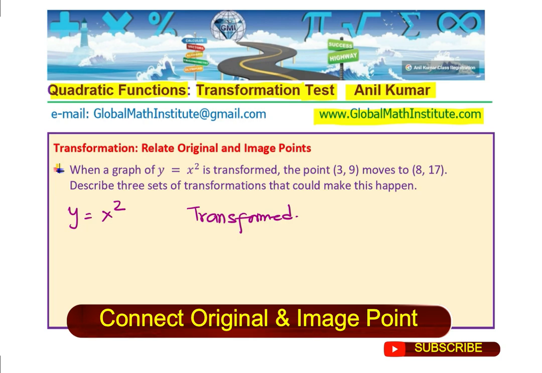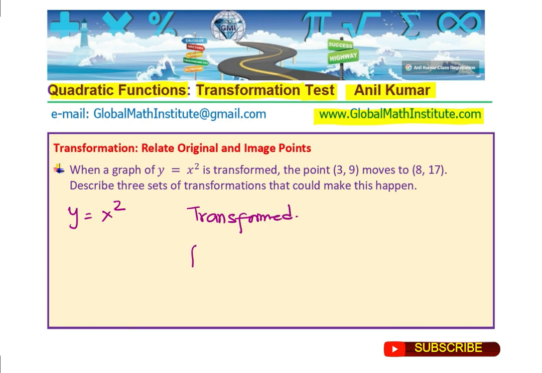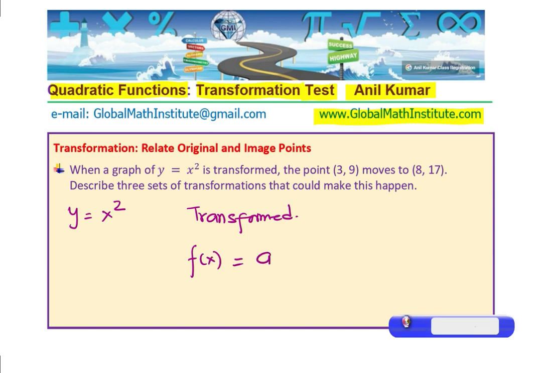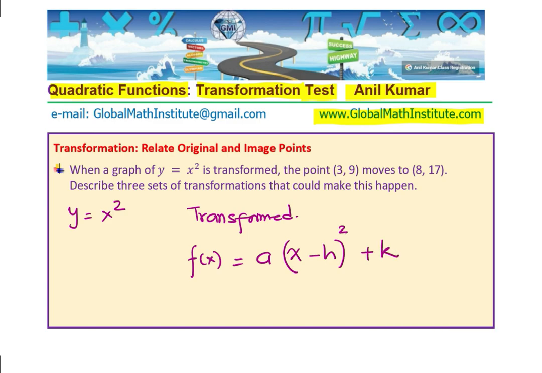The transformed function could be, let us say, f of x equals a times (x minus h) whole squared plus k. That is generally the transformed function when we talk about quadratic functions. Clear?